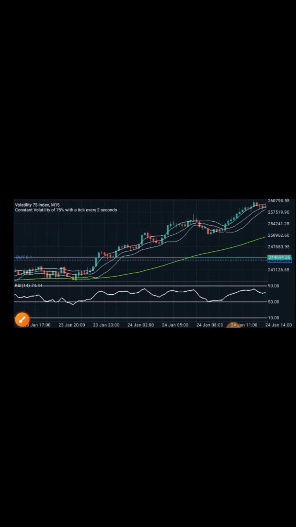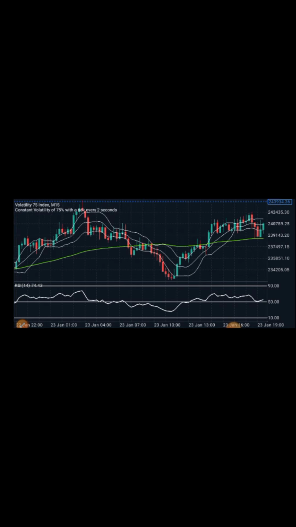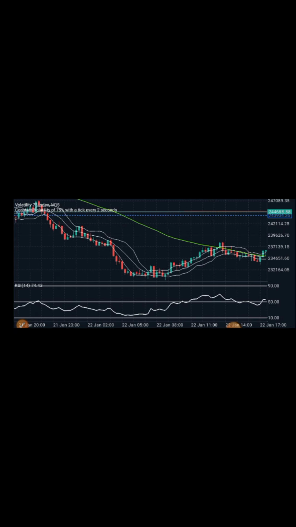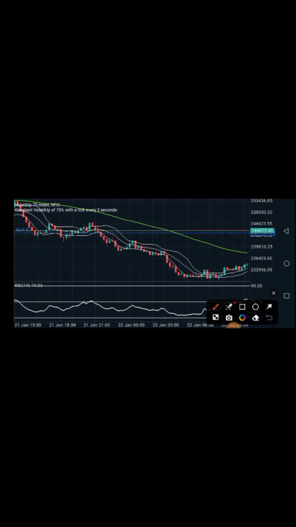Let me check for sell. Let me check if we can see a very good one for sell. You can see this strategy for buy, and you can see it for sell. Here is another one for sell. Our RSI touched the 50 level here, is coming down, and when it's coming down, that is when you will enter your trade.